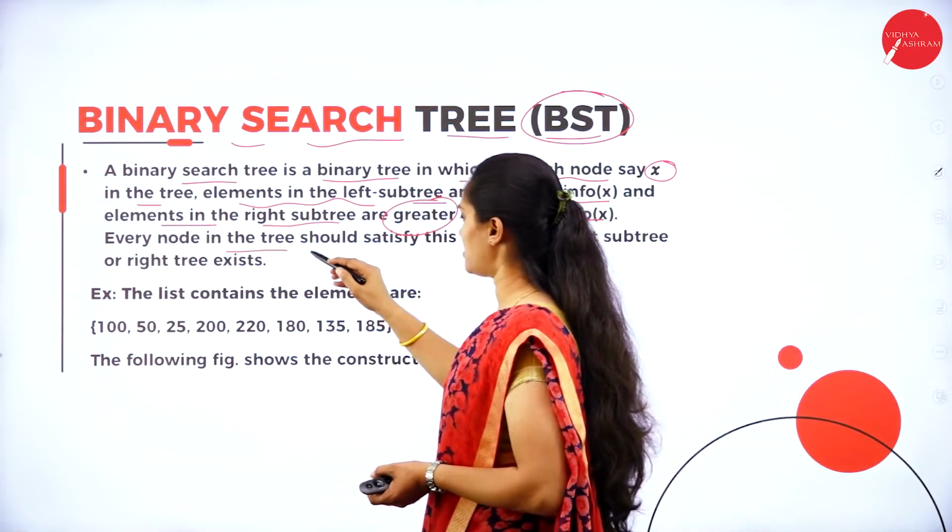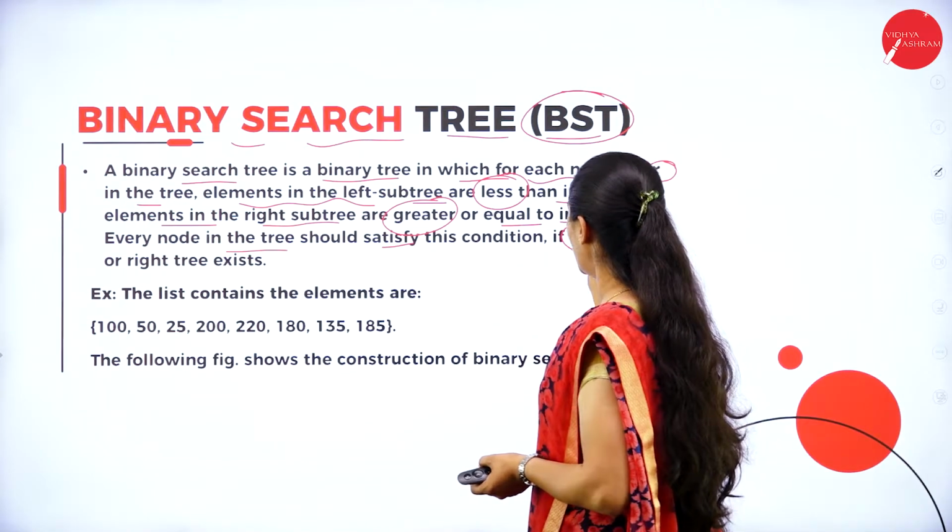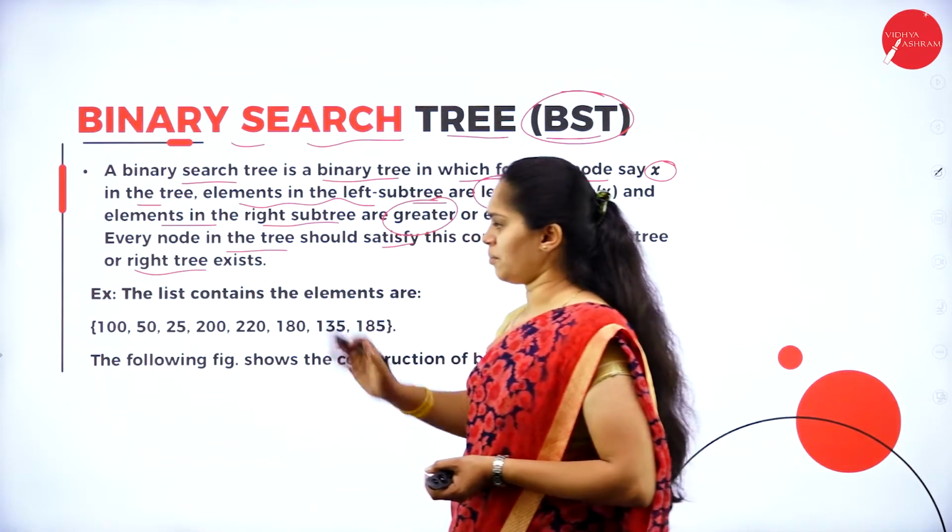So every node in this tree should satisfy this condition if the left subtree or right subtree exists.